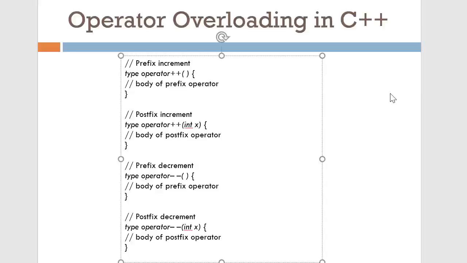This integer x variable is not used, but you have to specify it. Now the compiler will be able to distinguish between the post-increment and the pre-increment operator overloading. Similarly, for the decrement, you have to specify the extra dummy argument in the operator member function, and that's how the compiler is able to distinguish between the post-increment and pre-increment or decrement member operator functions.